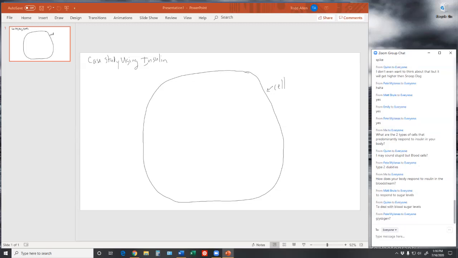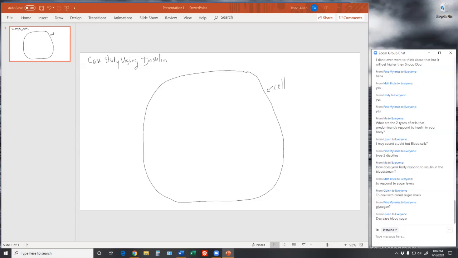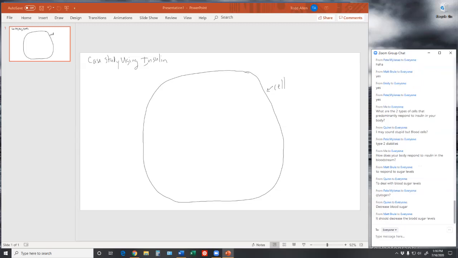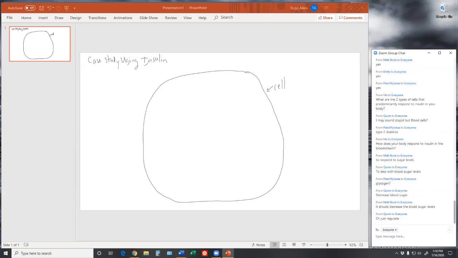Peak glycogen is not relevant for our current conversation, but thanks for trying. Okay, Quinn, to decrease blood sugar. In other words, the presence of insulin should decrease blood sugar. That's what we want to happen because the blood sugar is too high because you just ate 6 packs of Twinkies.